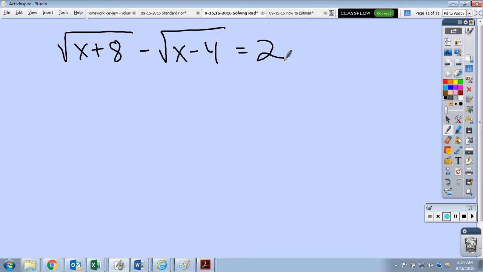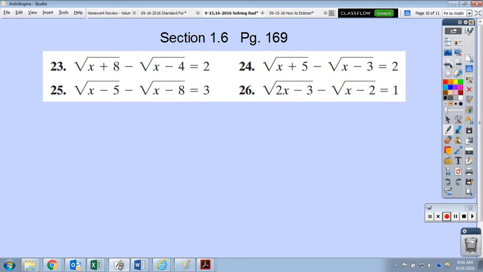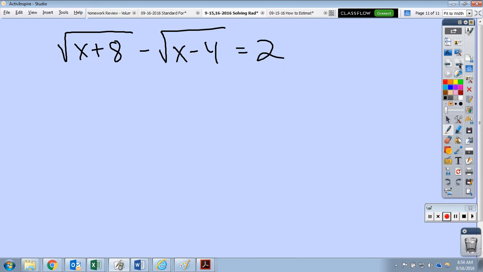What types of equations? Solving radicals. Going to the exercises, this is number 23 on page 169. All right, page 169 in your textbook.